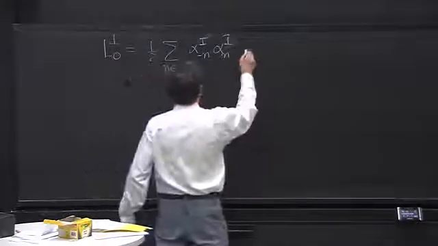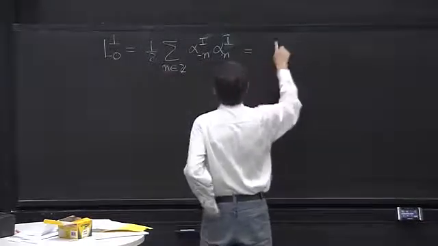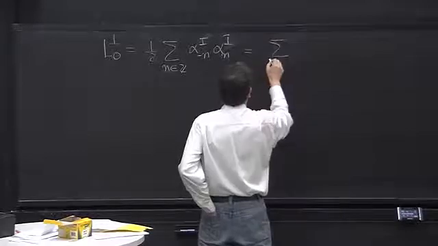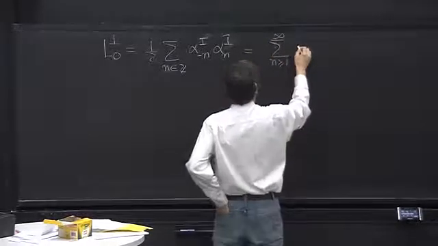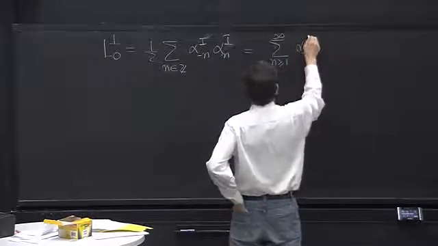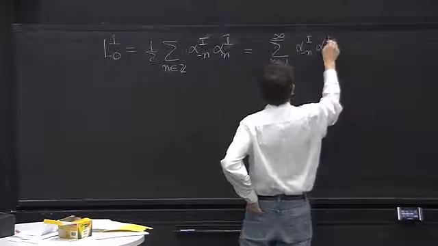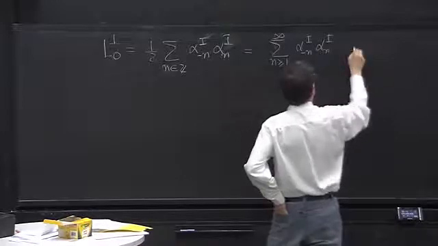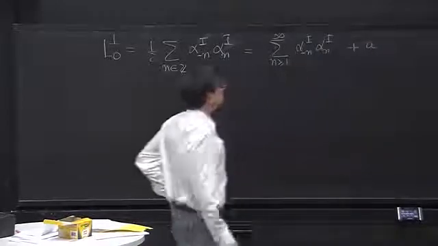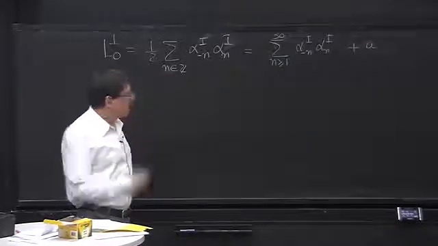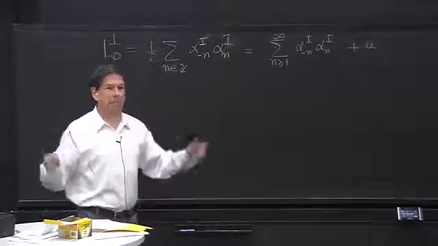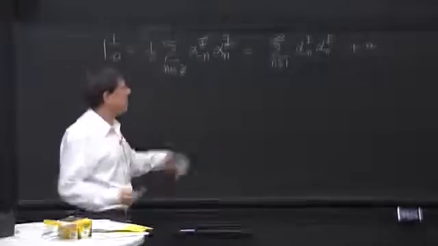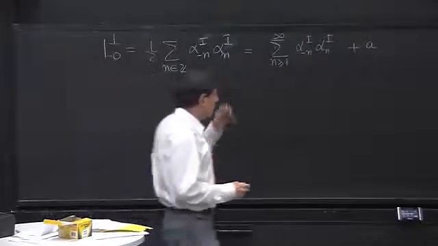And therefore, this was equal to a well-ordered expression, which was the sum for all n greater or equal than 1 to infinity, alpha minus n i, alpha n i, plus a constant a. That was infinite, but we argued that if we were allowed poetic license, we could set it equal to a nice number.